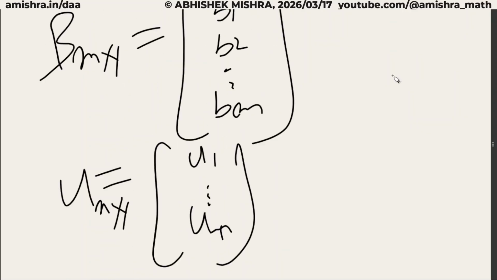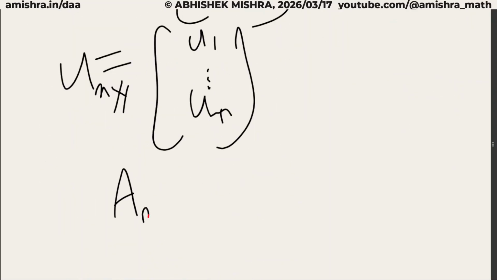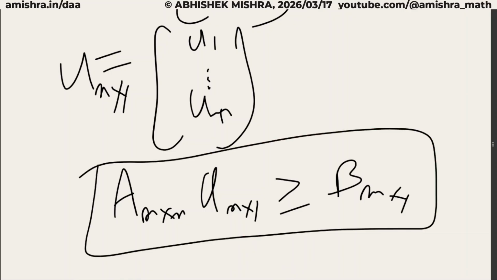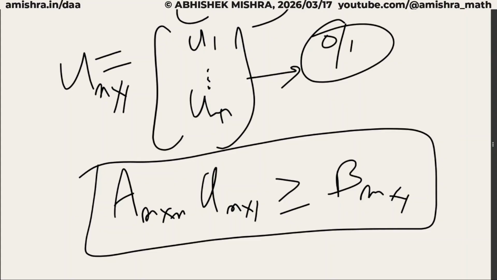A is m cross n, U is n cross 1, is at least B, m cross 1. So the simple inequality in matrix format is this, where by this inequality we mean all m inequalities are satisfied. So our objective is to find a 0-1 solution, a binary solution, such that all inequalities are satisfied.